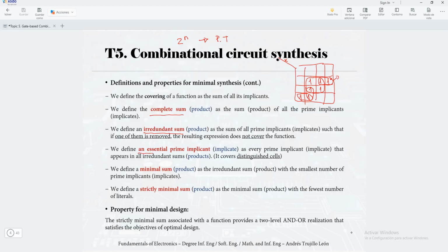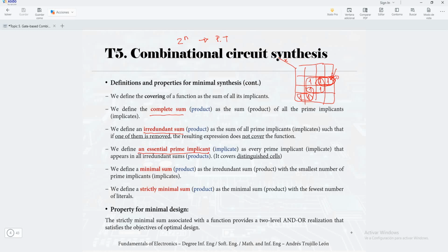An essential prime implicant is a prime implicant that covers a distinguished cell. This one here is a distinguished cell because it's only covered by this prime implicant. So this prime implicant is essential because if we don't use it, we leave this one uncovered. Remember that a prime implicant is the largest group that we can form to cover the ones of the function.